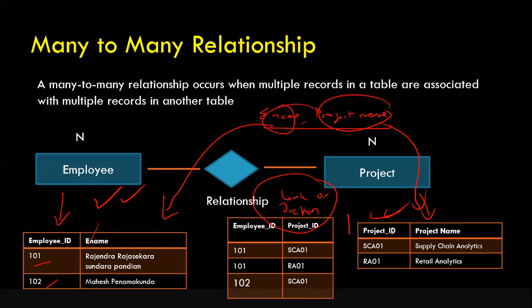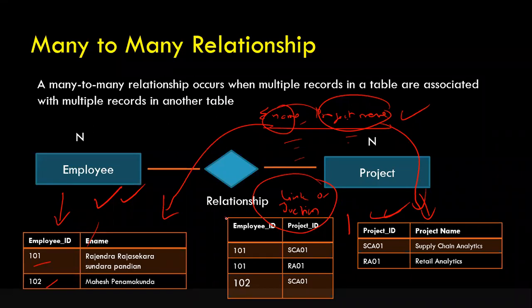But unfortunately, I don't see any common column. E-name is different from project name. Employee ID is different from project ID. Hence, I don't have a common column to extract the information and share it with my manager, so I cannot join it.